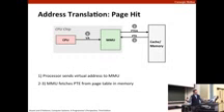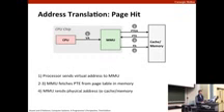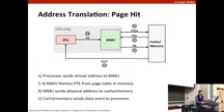It fetches the PTE, extracts and uses that PTE to construct the physical address. Then it sends that physical address to the cache and memory system, which eventually results in the data being returned back to the CPU. So even for a hit, we still have memory references, because we have to fetch that page table entry.